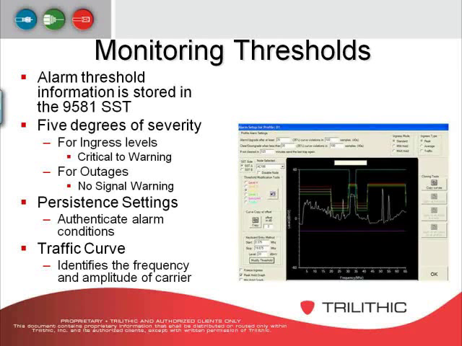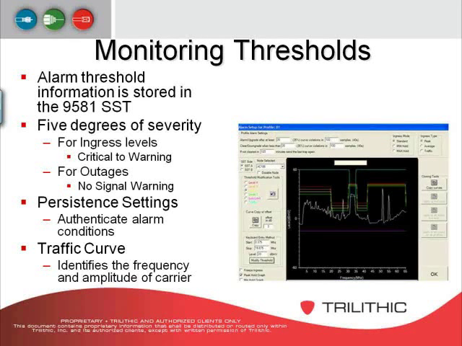So your monitoring thresholds that I mentioned, you can customize those in the individual profiles. Alarm threshold information is stored directly in the 9581 SST, which is the head-end unit. And it has 5 degrees of severity. For ingress levels, it's critical to warnings.